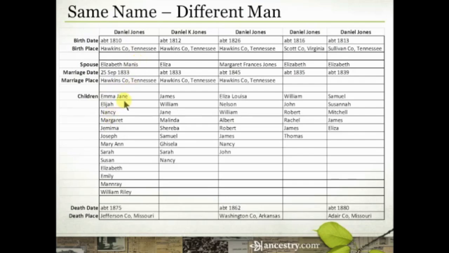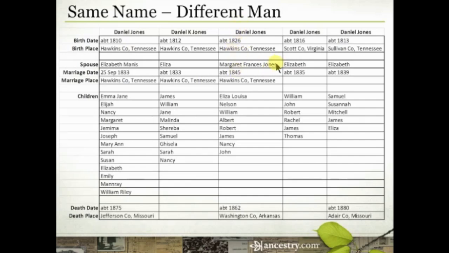In this case, several of the children in this family listed their mother's maiden name. I actually have some property records between this Daniel Jones and some of Elizabeth's other family members with the same last name as her maiden name. This Daniel Jones, again, several of the children have their mother's name listed. Turns out she's actually a Jones. That's not a mistake.